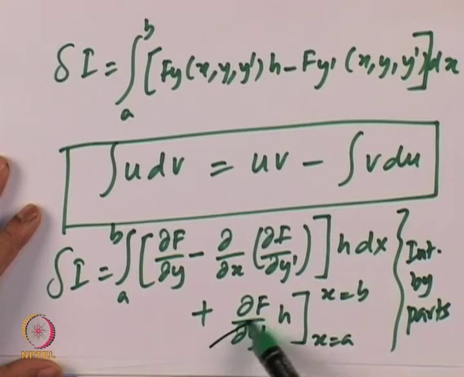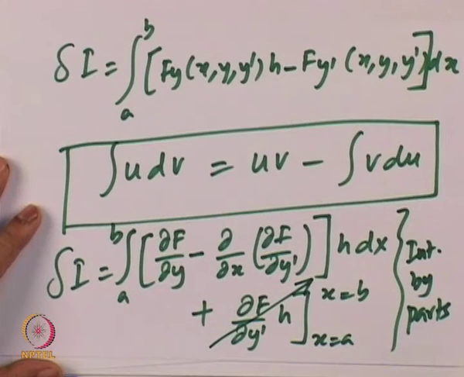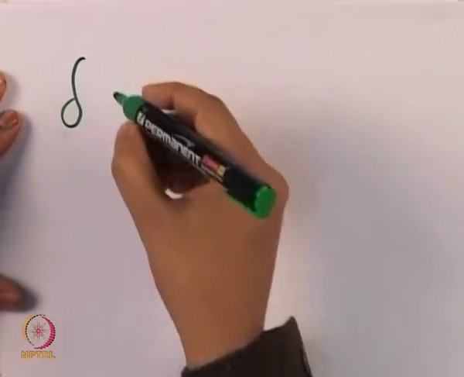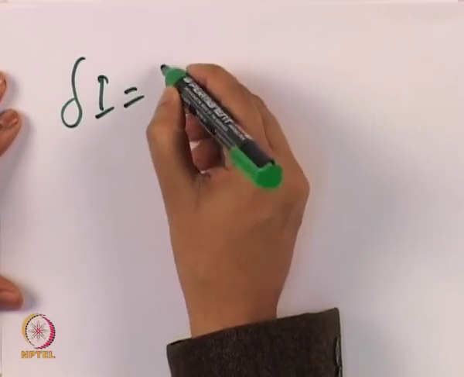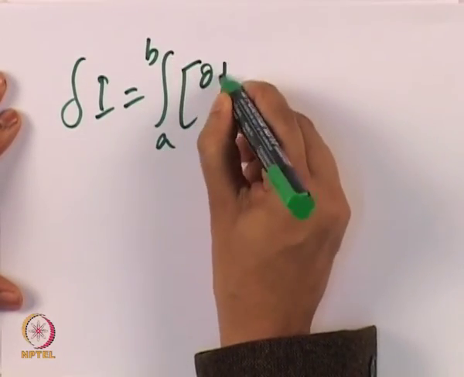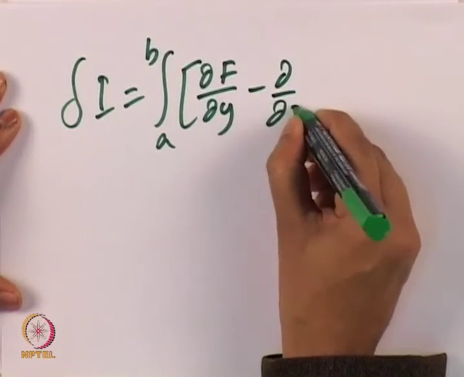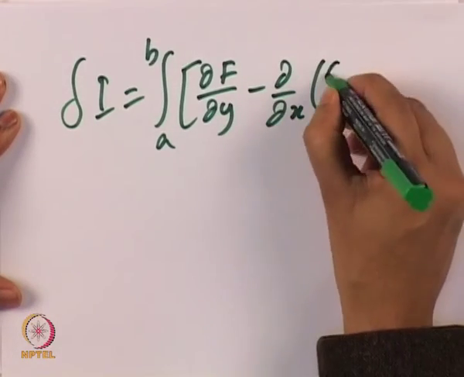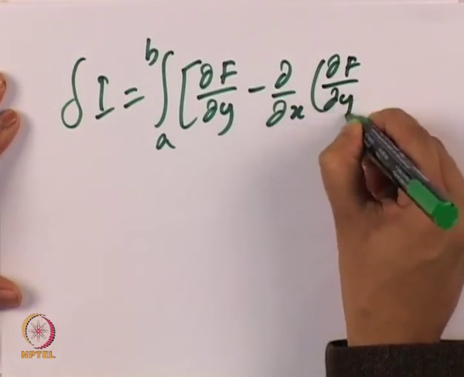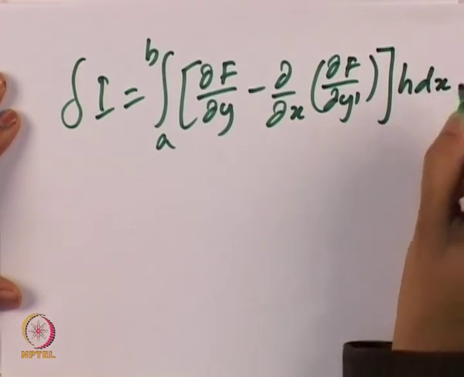So this entire thing will become 0 and you will have only this equation: integral I is equal to the integral from a to b of dou f by dou y minus dou by dou x, times h dx.